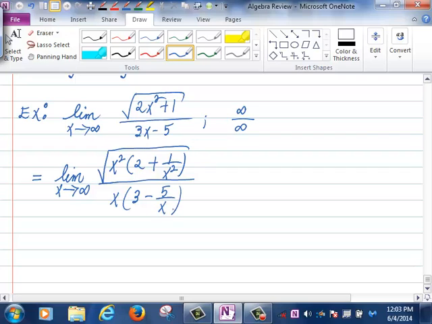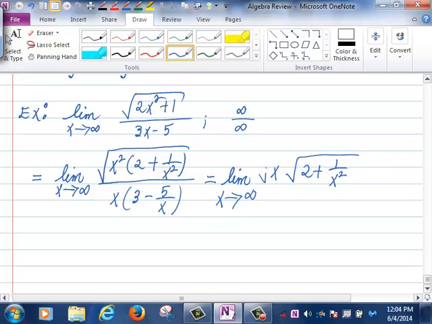You guys agree with that? Now I am going to rewrite this as square root of x squared would be just x, because x is going to infinity, I can assume x is positive. Okay, and then I get the root of 2 plus 1 over x squared, right? You guys agree with that?